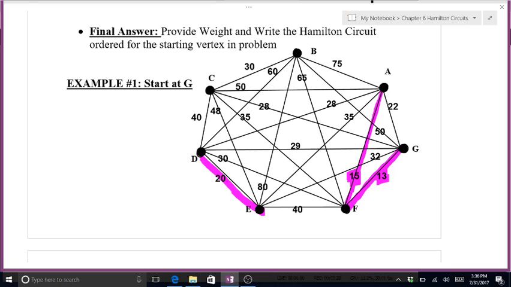Our next smallest number. Here's where our problems come in. Our next smallest number is technically this 22 right here. But look what happens if I connect A to G. That closes off this circuit here. We've got a closed off circuit here. So that's a no-no.